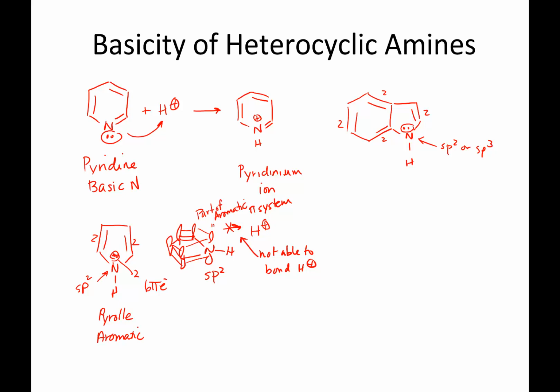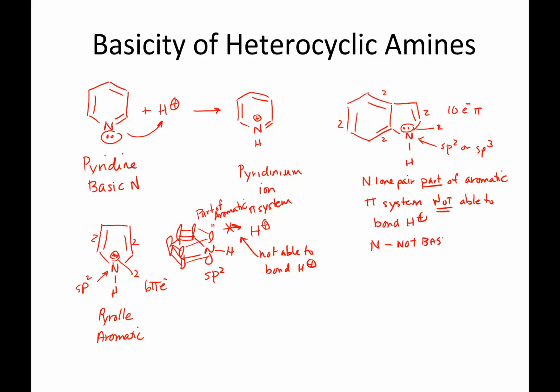If this becomes part of the pi system, we now have 2 more, so we have a grand total of 10 pi electrons, and that would make the system aromatic. So in this case, the nitrogen lone pair is part of the aromatic pi system and therefore not able to bond H+. So that means that this nitrogen is not basic.